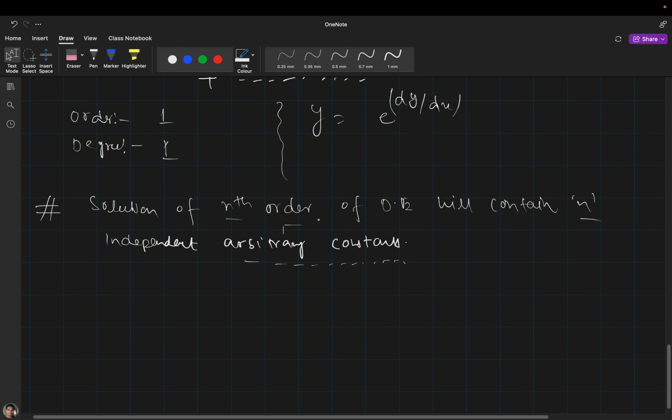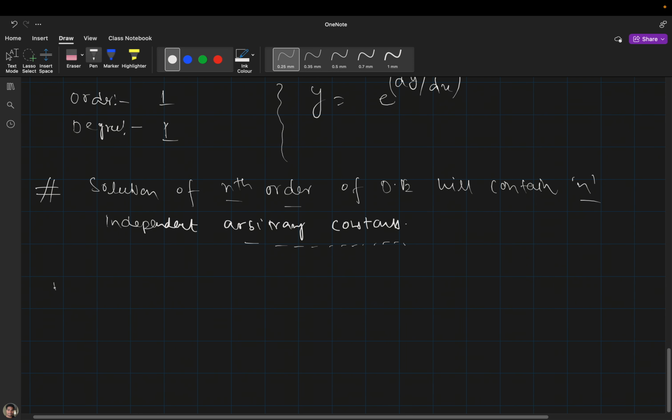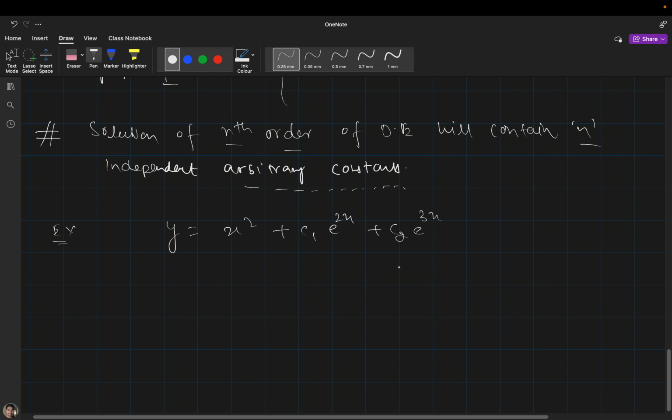Okay, for example, suppose you have a family of graphs or equations, you can say. Suppose you have this function.